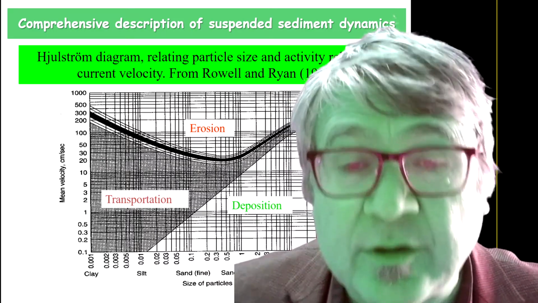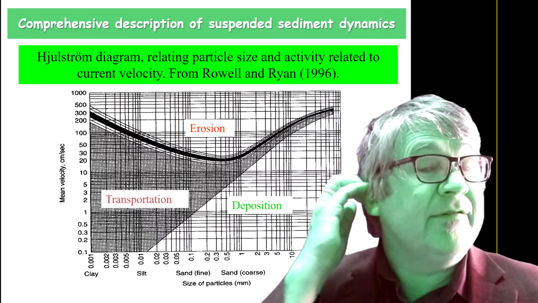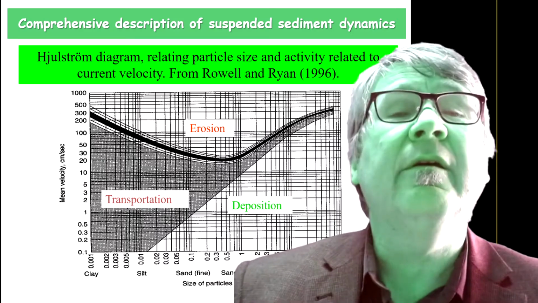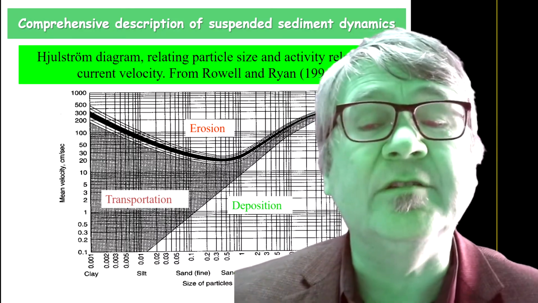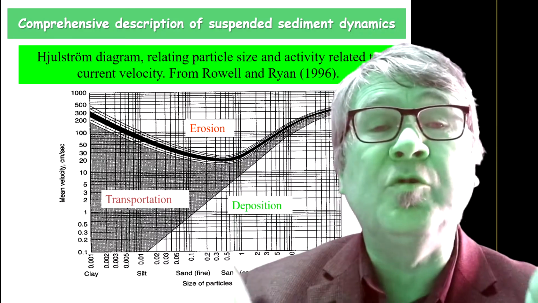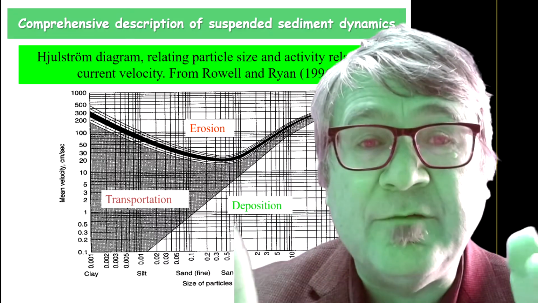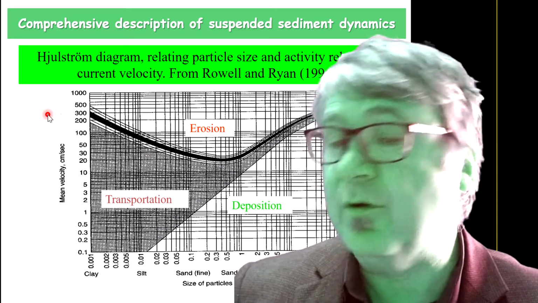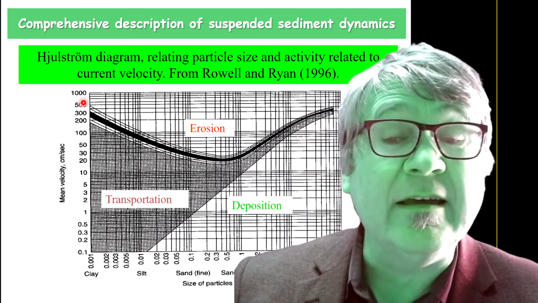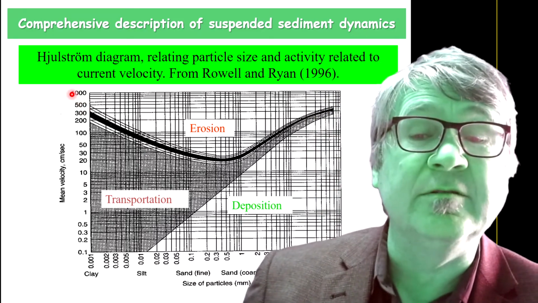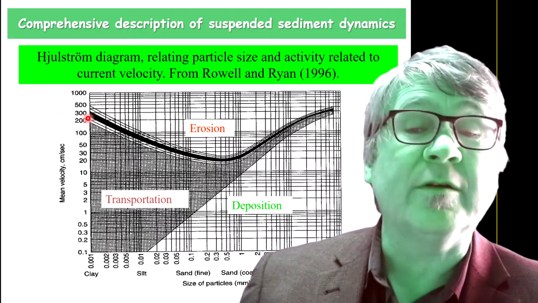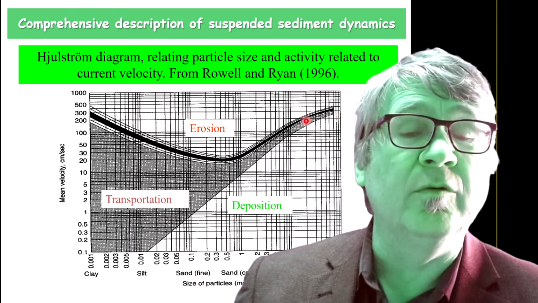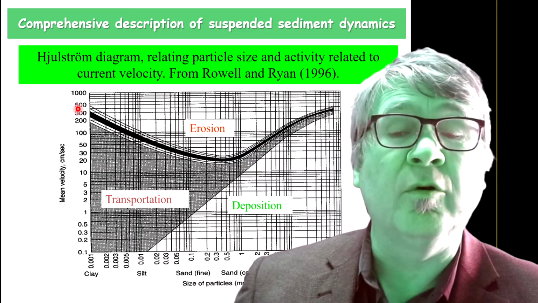You sort according to the dominant sediment size, and then this diagram tells you what threshold velocity you need in order to erode sediment from the seafloor. It's this black curve. Okay, I switch on the laser, and this black curve tells you what current speed you need in order to erode sediment.